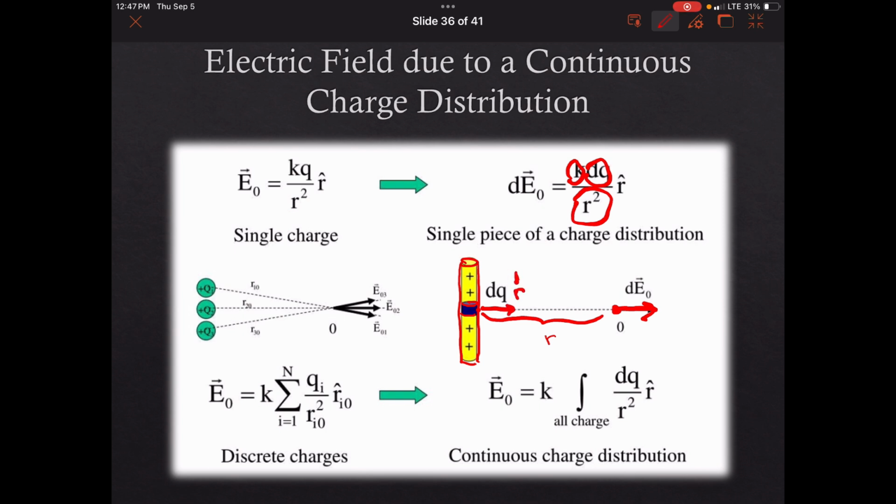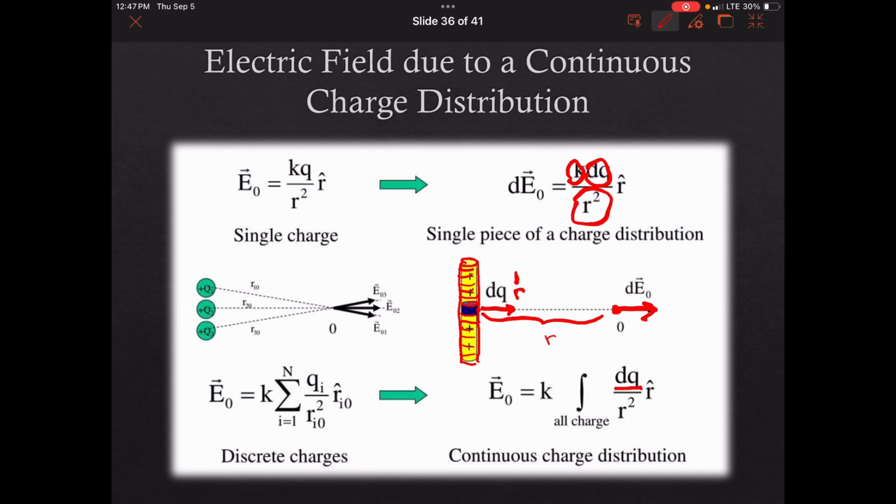And so now that we have that assembled, we can integrate it over all dq, or over all q. We're going to integrate dq and turn it into an electric field that has contributions from every single infinitesimally small piece of charge over the continuous charge distribution.